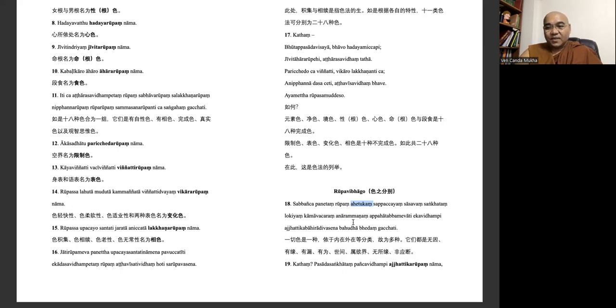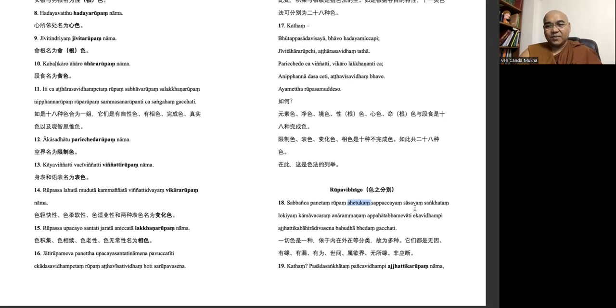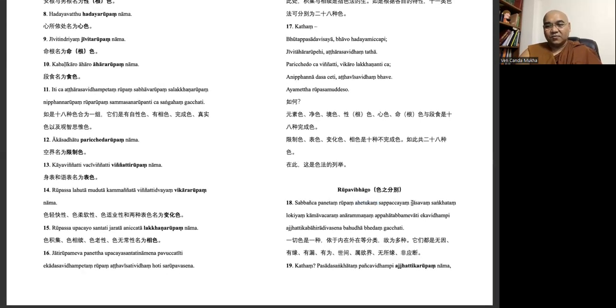Sasava. So sasava here: sa asava. Asava means intoxicant. Sasava, mental intoxicant. Like asava is something like liquor, something like narcotic drinks.